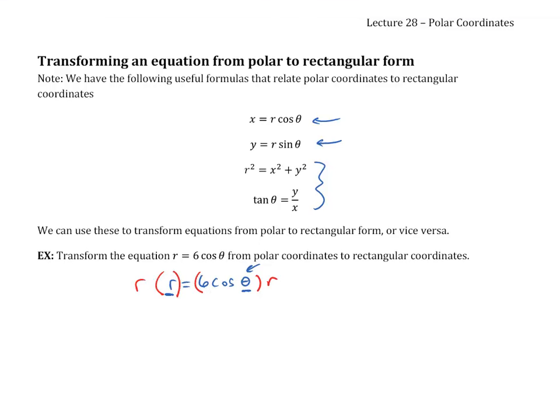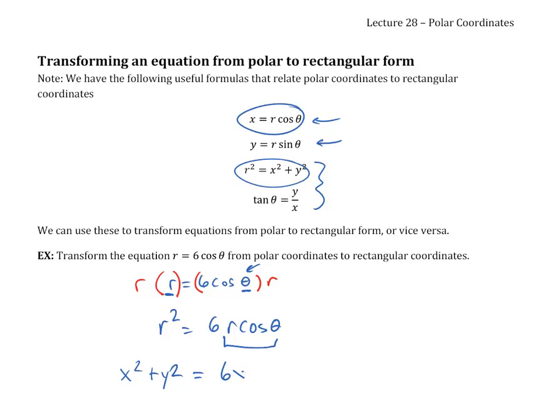And the beauty of that is you do end up with an r squared on the left, which I have an equation for. But you also end up with a 6r cosine theta on the right, and I also have an equation that converts r cosine theta into x. In other words, this now looks like x squared plus y squared is equal to 6x.